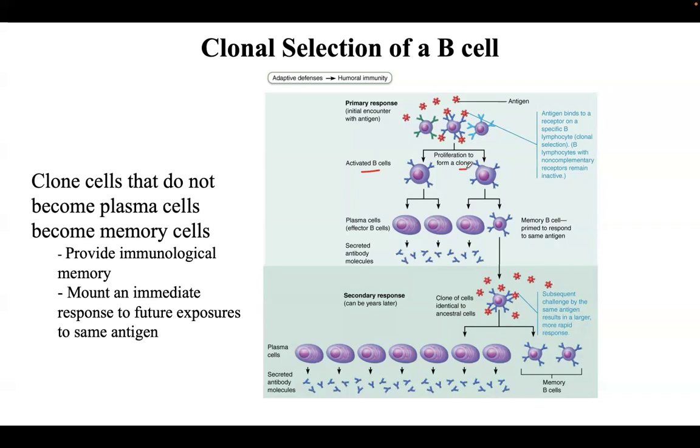So of the two clone cells, one will divide to form two effector cells or plasma cells, and the other clone will also produce one plasma cell, but it will also produce a memory B cell. In turn, from two clone cells, three plasma cells or effector B cells are produced, and one memory B cell is produced. So this is the primary response.